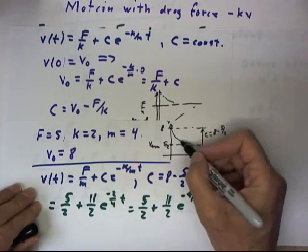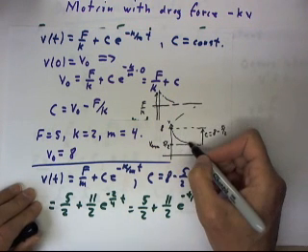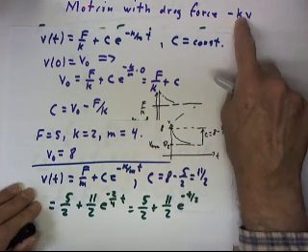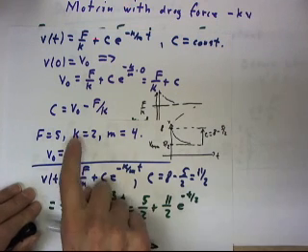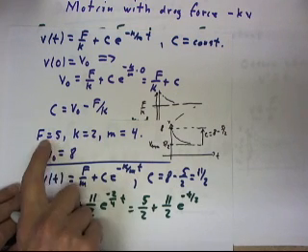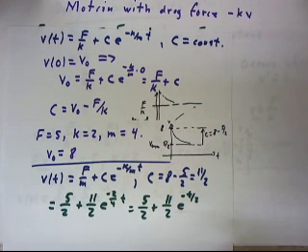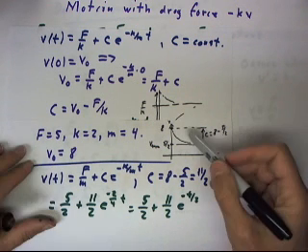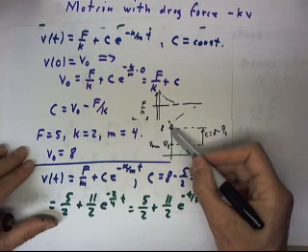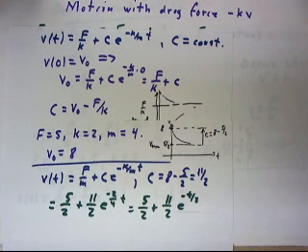And of course the reason physically that the velocity decreases is that this drag force, minus kV, is bigger than the force F that's pushing the object forward, so the object is going to be pushed in the backward direction, meaning that it will slow. So we expect a solution of this nature.